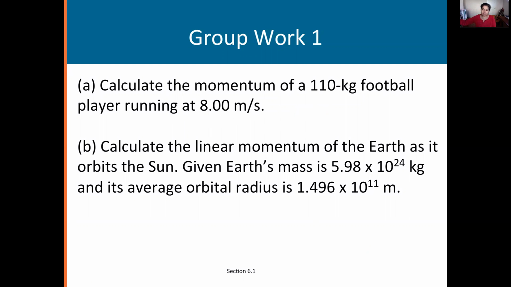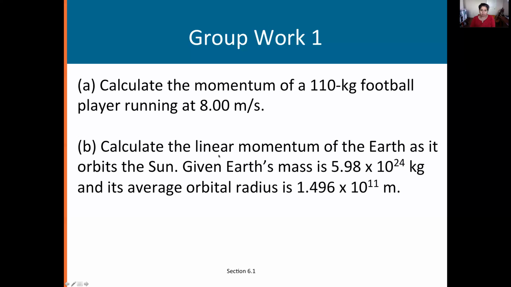And later on, when we do rotation, we will look at rotational momentum, okay, angular momentum, it's called. And we will look at the conservation of that. So for now, momentum is interchangeable with linear momentum because we are mostly in this chapter not studying rotational motion. We will come to that in chapters 7 and 8.